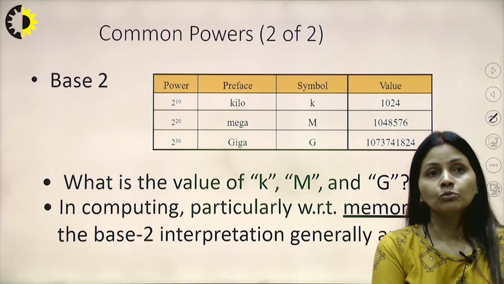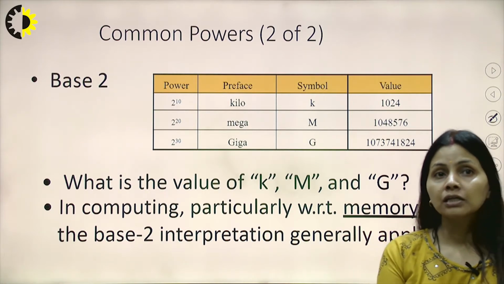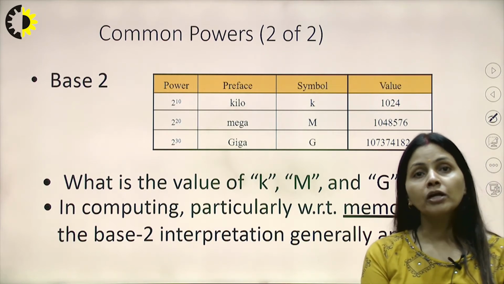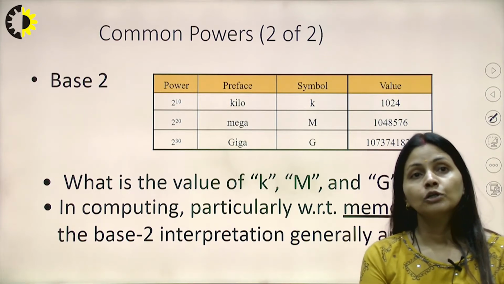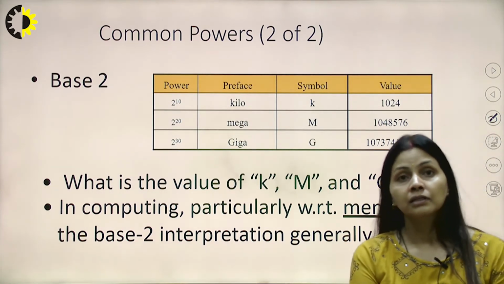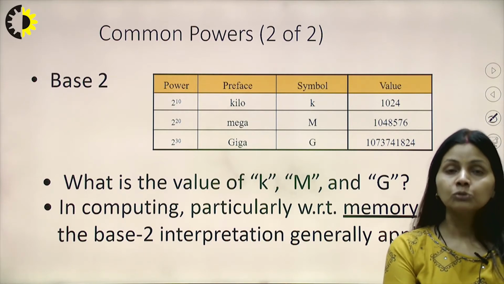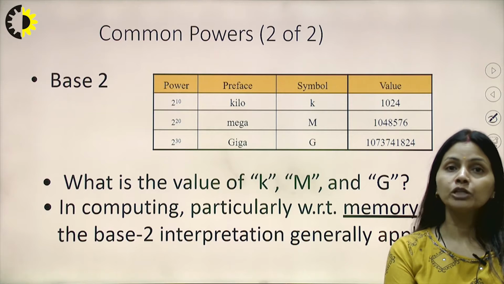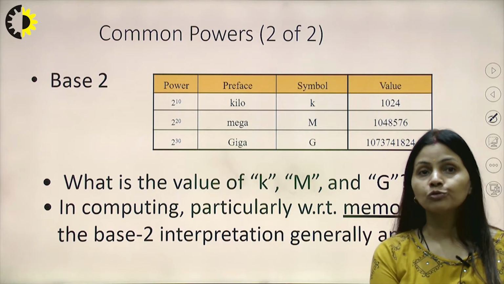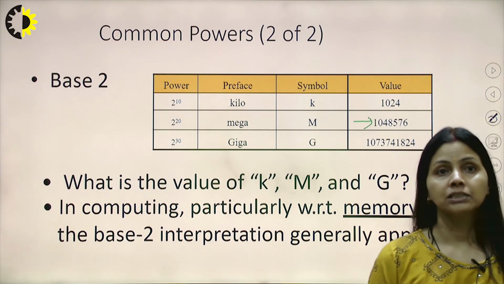When we come to base 2, what is the kilo? That is 2 raised to the power 10, which is 1024. If I want to convert from kilo to mega, that is 2 raised to the power 20, which means 2^10 times 2^10, or 1024 times 1024, and the value is 1048576.